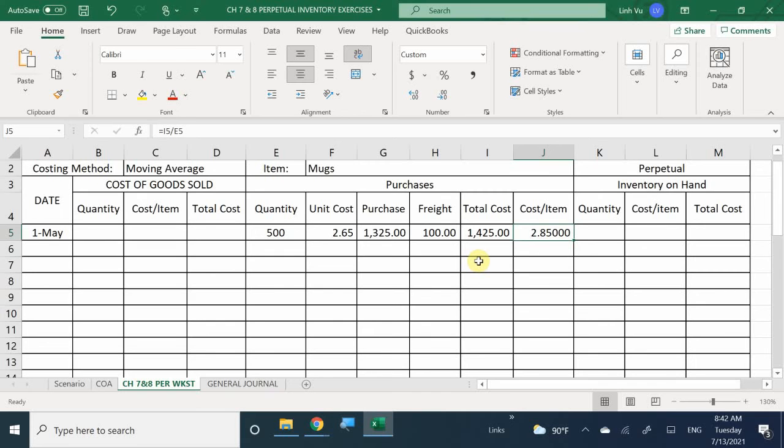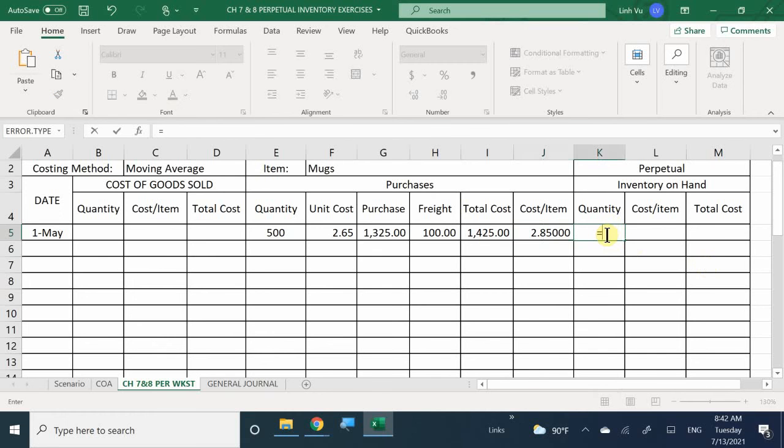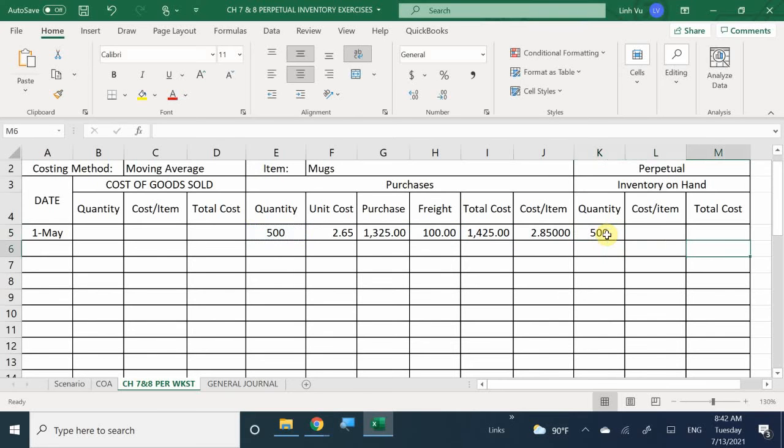Now this is average costing, right? This is moving average. So I'm going to go ahead and carry this over. In this case I need two things filled out: just the quantity and the total cost here. So $14.25 and the 500, right?